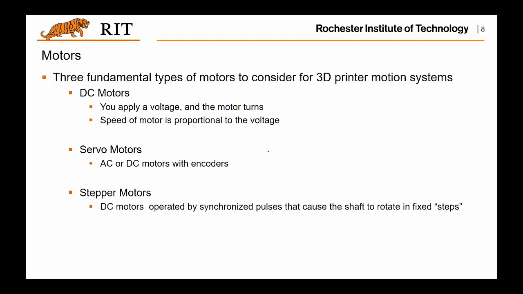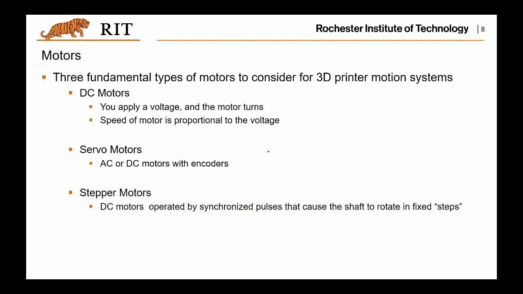So the motors are critical for the 3D printer's motion system. And there are different types of motors: DC motor, servo motor, and step motor, right? The DC motor is the simplest one. It has only two states. One is on and another is off, and that's it.